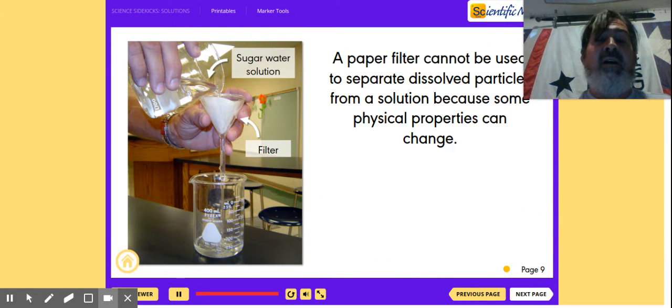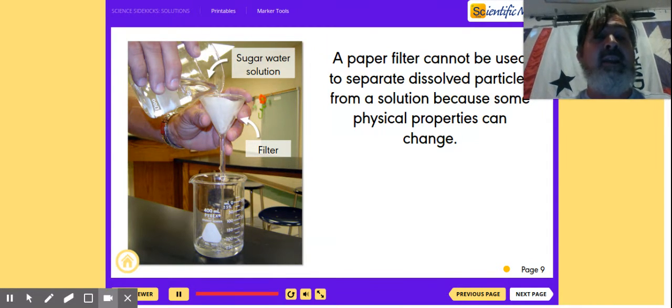Okay. Now, a paper filter cannot be used to separate dissolved particles from a solution because some physical properties can change. So, if you have a saltwater solution, you cannot just pour that through a coffee filter and separate it. The salt is dissolved into the water and it can't be separated like that.